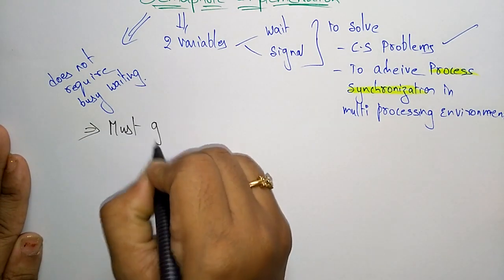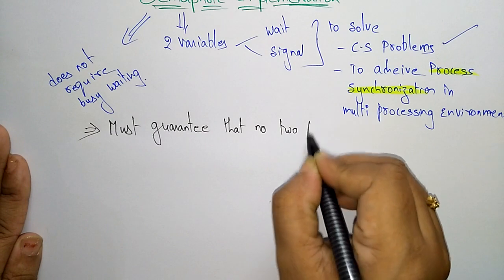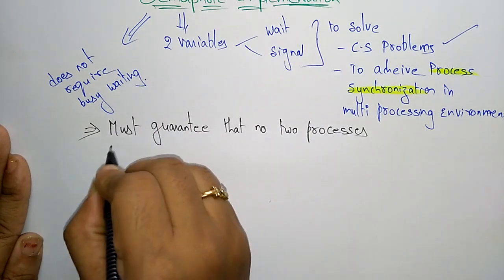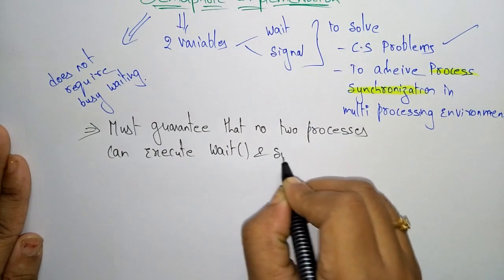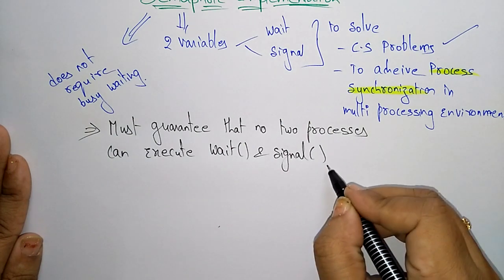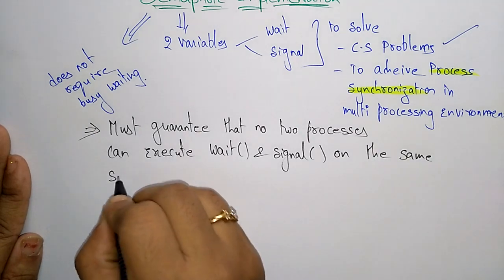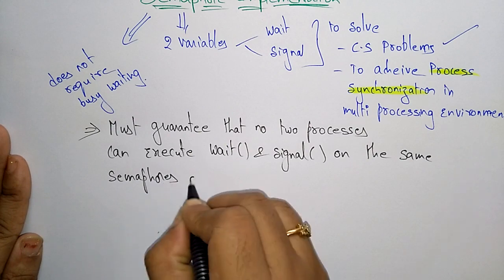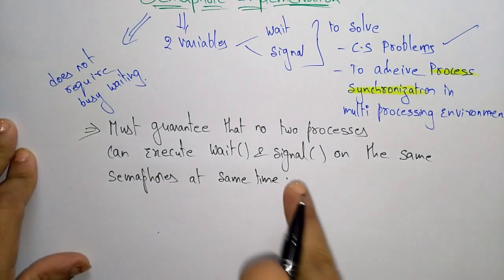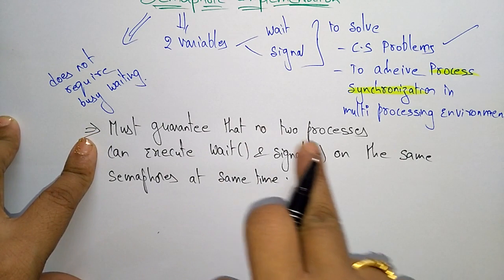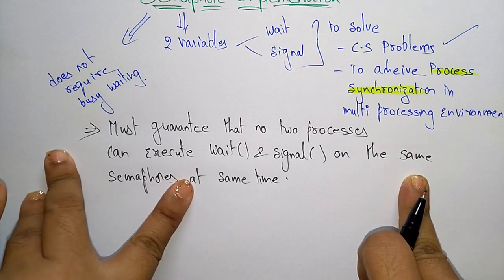There must be a guarantee that no two processes can execute wait and signal, the two Semaphore operations, on the same Semaphore at the same time.